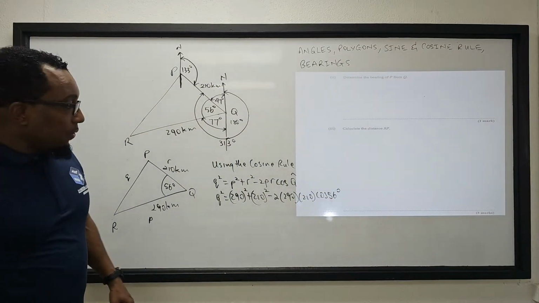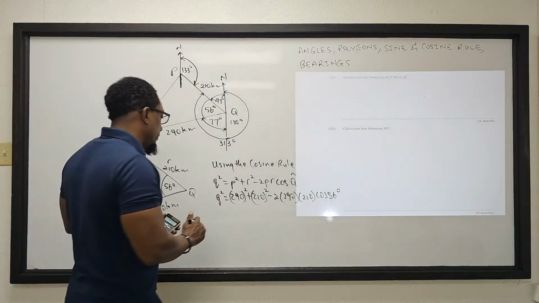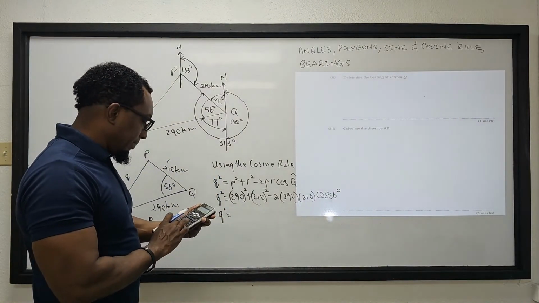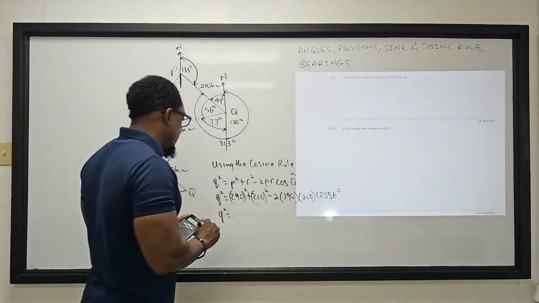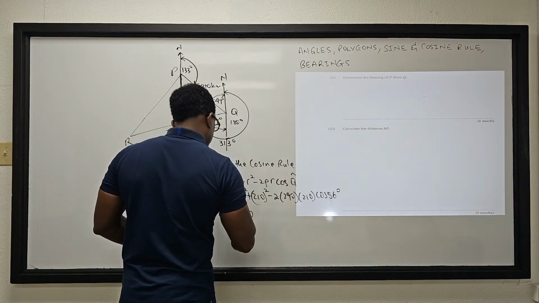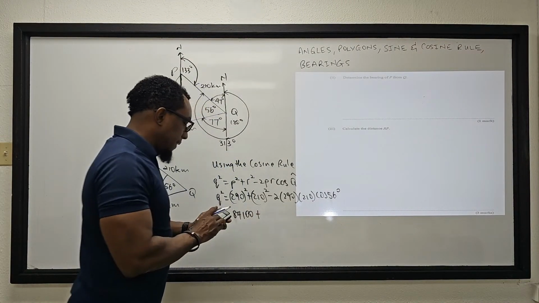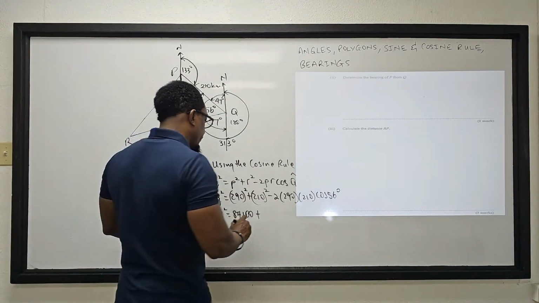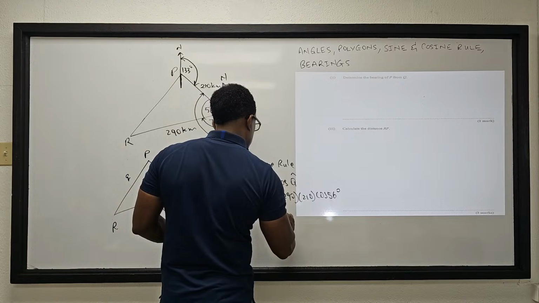So 290 all squared will give us small q squared. 290 by 290 is 84100. 210 by 210, 44100.